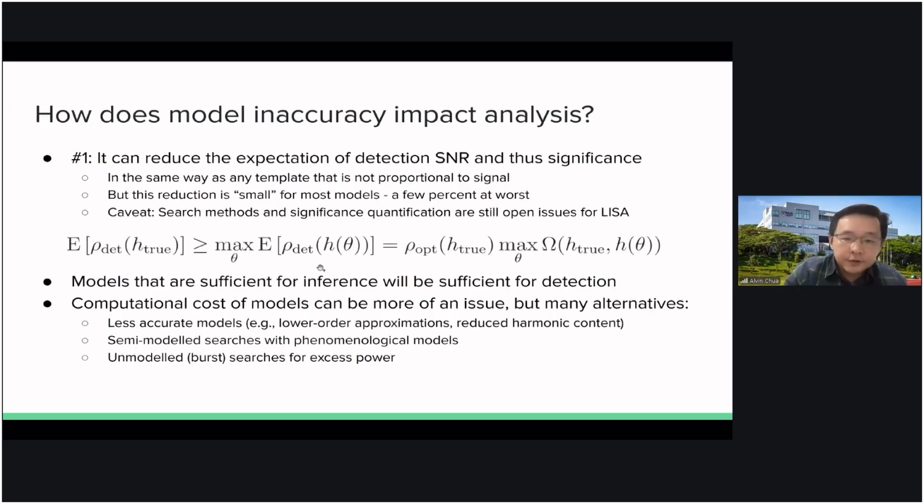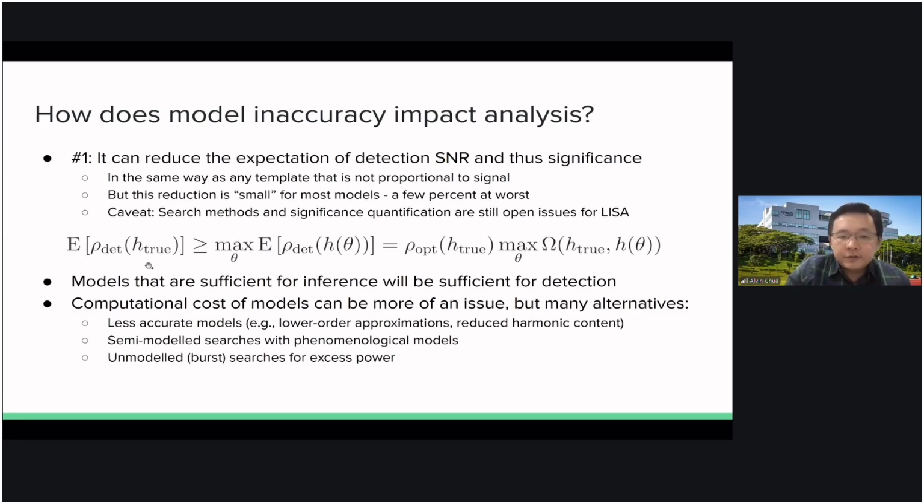If you look at this equation here, the expected detection SNR for a template H true, which actually is proportional to the signal, is always greater than or equal to the maximum expected detection SNR for all templates described by any model. This holds for all models, even accurate ones. And of course, this is just a form of the Cauchy-Schwarz inequality.